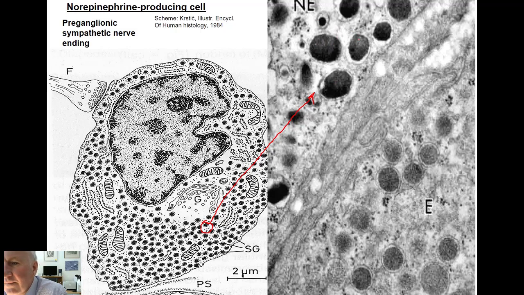Those granules with a dense center and a light rim are typical granules of a norepinephrine cell. You see a lower, middle density of the granules in the cell producing adrenaline, or epinephrine. So you can also distinguish from the electronogram, thanks to the density of the granules, which cell is a norepinephrine-producing cell and which is an epinephrine-producing cell.